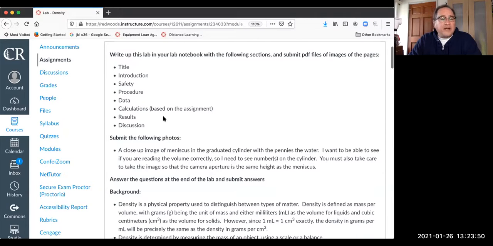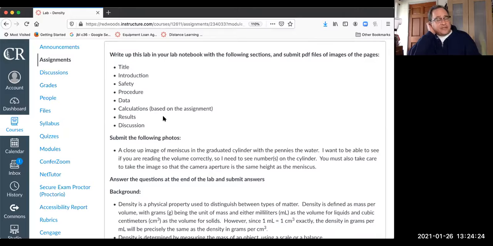You should also write in your introduction something along the lines of, well, you know that pennies and dimes are made out of copper and zinc, and because pennies look like they're made out of copper, you think pennies are made out of copper, and dimes look like they're silver, so they're probably made out of zinc. And that you're going to test this assumption by comparing the densities you get with the actual densities of copper and zinc to see if they match. So you want to put all of that in your introduction.